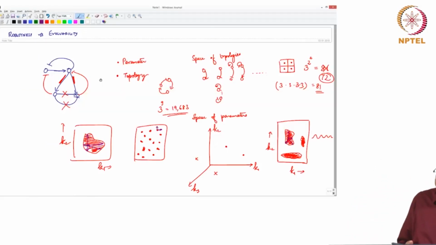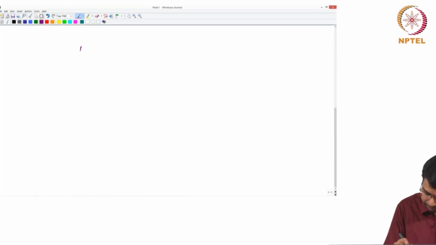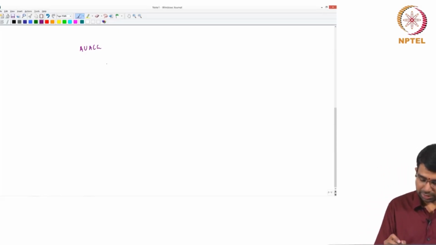So, if you want a quick example, let us consider an RNA sequence of this sort. It is a very small RNA sequence. If you did point mutations, you can get many more RNA sequences. So, how many RNA sequences can you get from this?